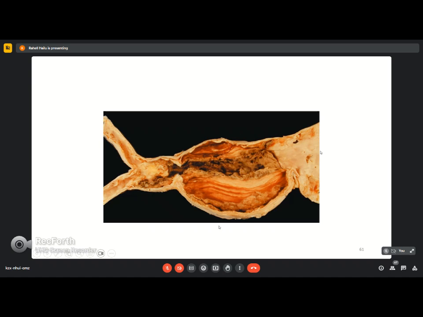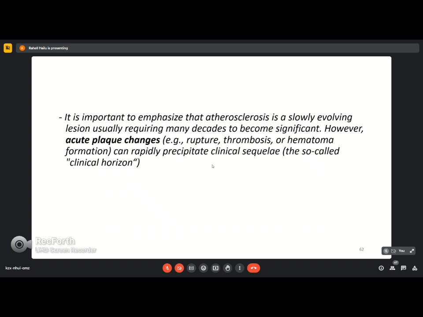And when you open these, you will see the dissection, and you can see the rough surfaces with the very bumpy atherosclerotic plaques. Here, kind of yellowish plaques here as well. Again, this is much more serious. It's not just plaque dissection.